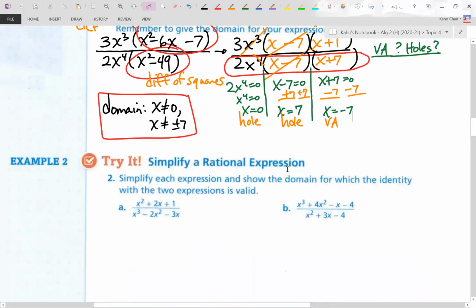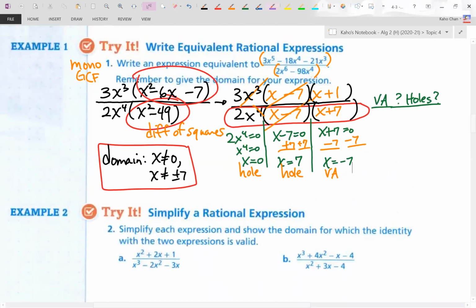Oh, did I ever simplify this for you anyway? I didn't. Whoops, my bad. So those cancel, and I'm actually left with my final answer here. 3 times x plus 1 on top, all over 2x times x plus 7 in the denominator.